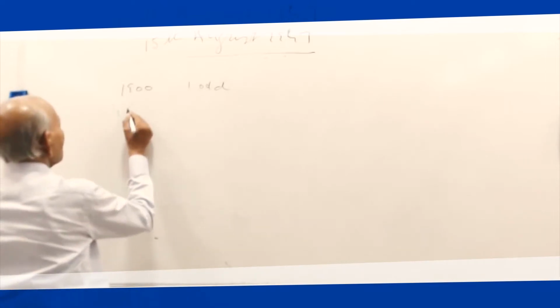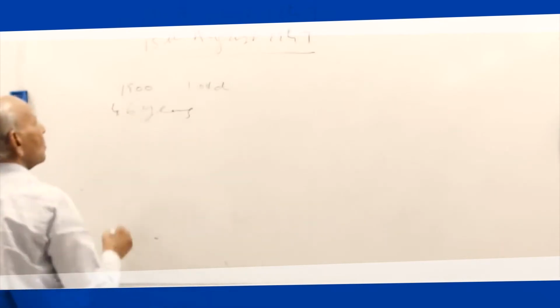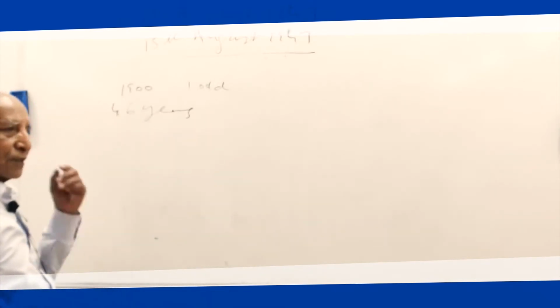Now comes 46 years and this above. So 46 years has got how many leap years, how many non-leap years? So I think 11 leap years. I want to see how many odd days are there in these 46 years.